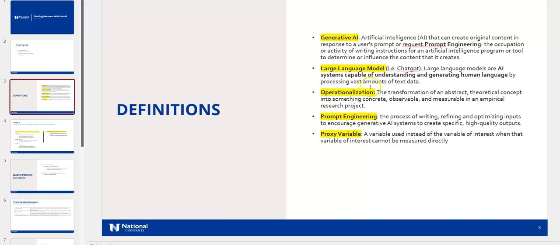GenAI is a type of AI that can create original content in response to a user's prompt or request. Large language models are AI systems that are capable of understanding and generating human language by processing vast amounts of text data.